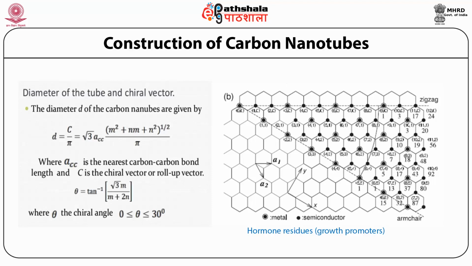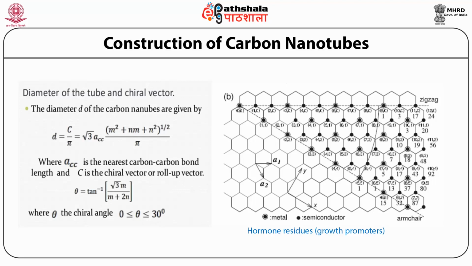If I take a vector, this vector Ch is equal to n a1 plus m a2, where a1 and a2 are the two small vectors shown in the figure. Vectors a1 and a2 have particular directions, and n and m are two integers, which we can choose like 0, 1, 2, 3, etc.